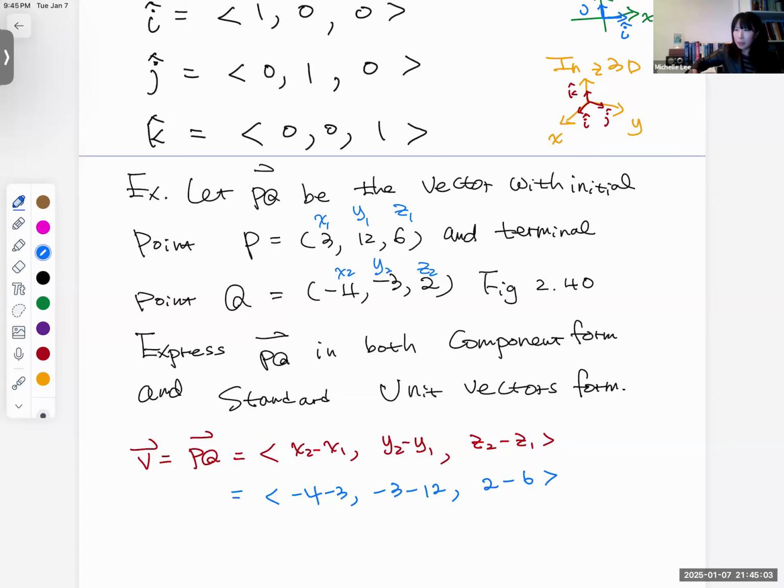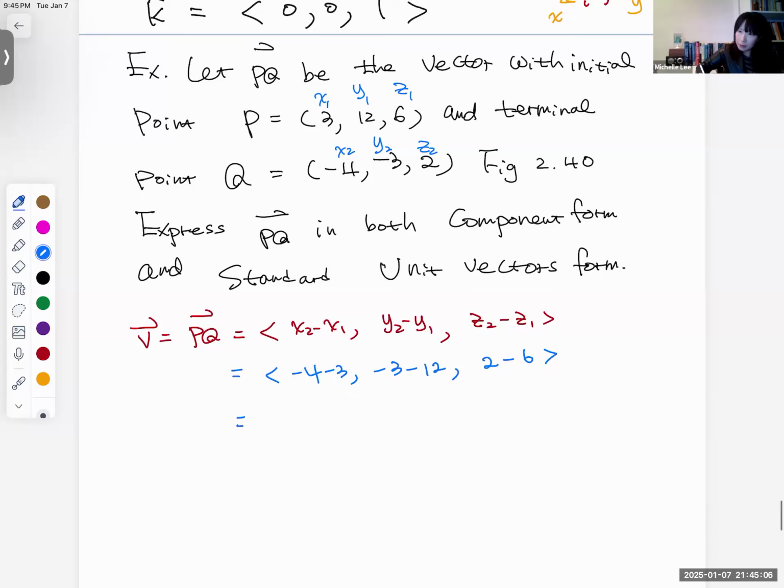Okay, so what do you get? We get -7, -15, -4. It's the vector component form. And for the standard unit vector, we use the ijk expression.